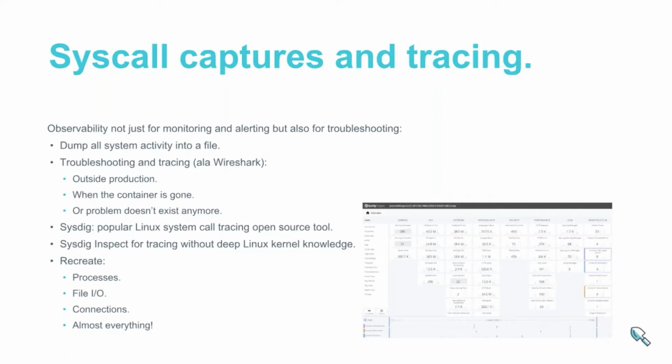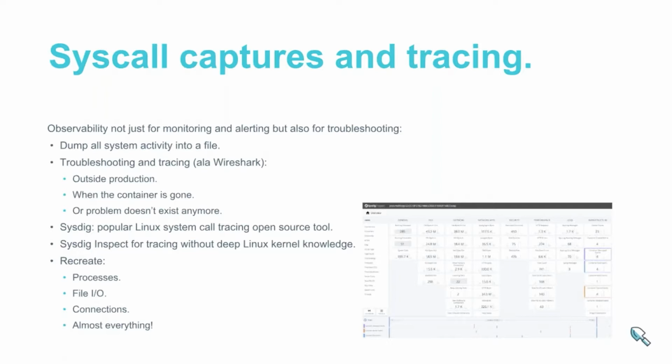The benefit of using this way of doing troubleshooting is that we can troubleshoot issues outside of production. We can troubleshoot issues even if the container is long gone. You know that on Kubernetes, containers can be started and destroyed and moved between nodes all the time. So we might have a situation where we know that we had an issue.